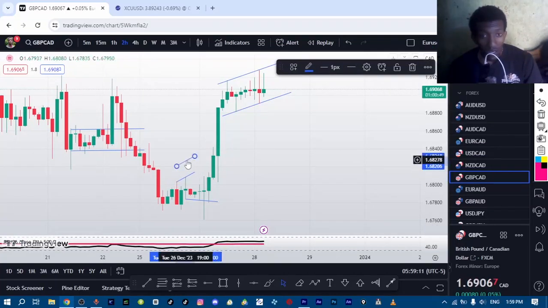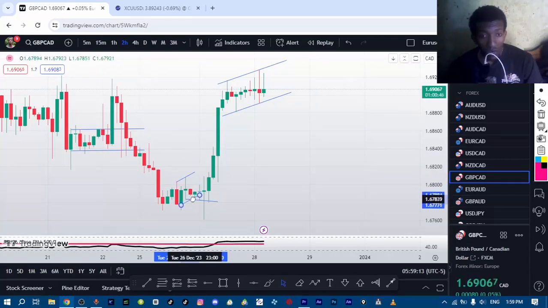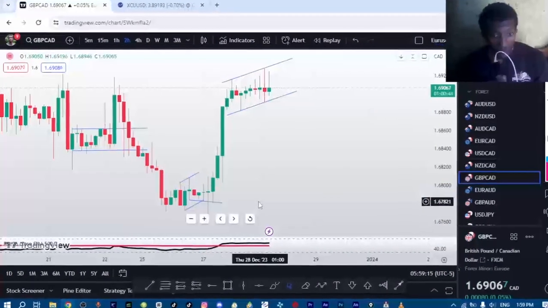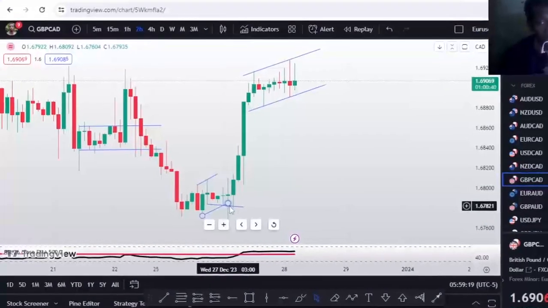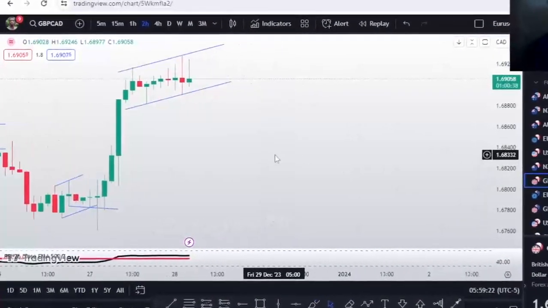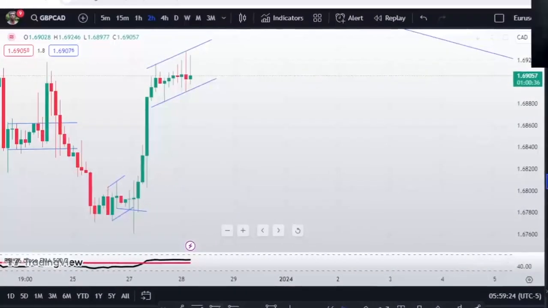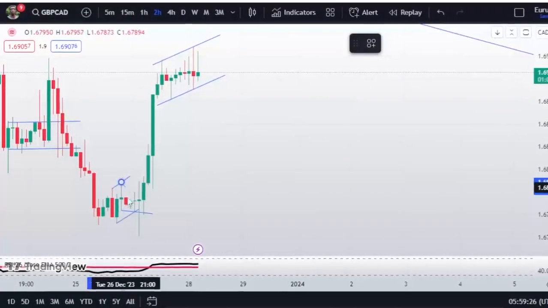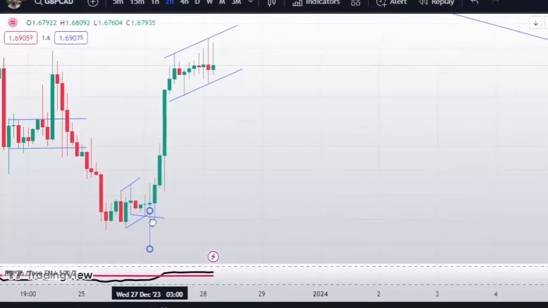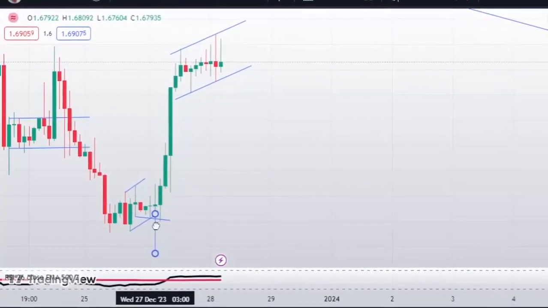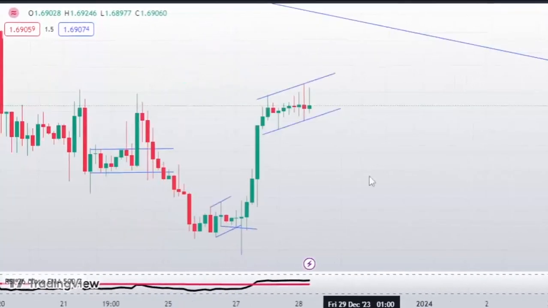Put it down here where the price is right now. As you can see, the price broke it down here, right? So you just measure from the top to the bottom and put it down here where the price broke the thing.